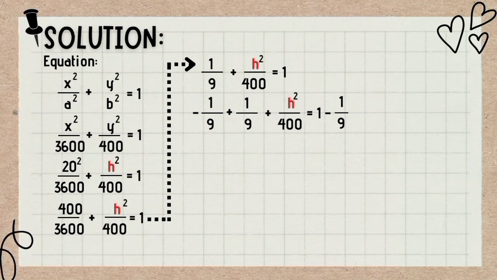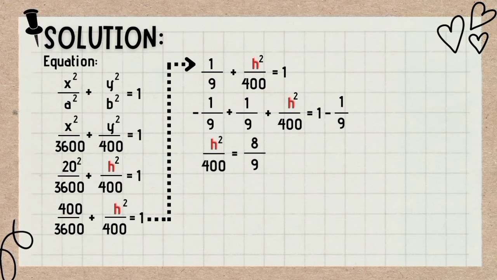Then, let's focus first on the right side of the equation. Subtract 1 over 9 from 1. Since these are similar fractions, we're going to find their least common denominator, or the LCD. It will give us the answer 8 over 9. Now, our equation is h squared over 400 is equal to 8 over 9.